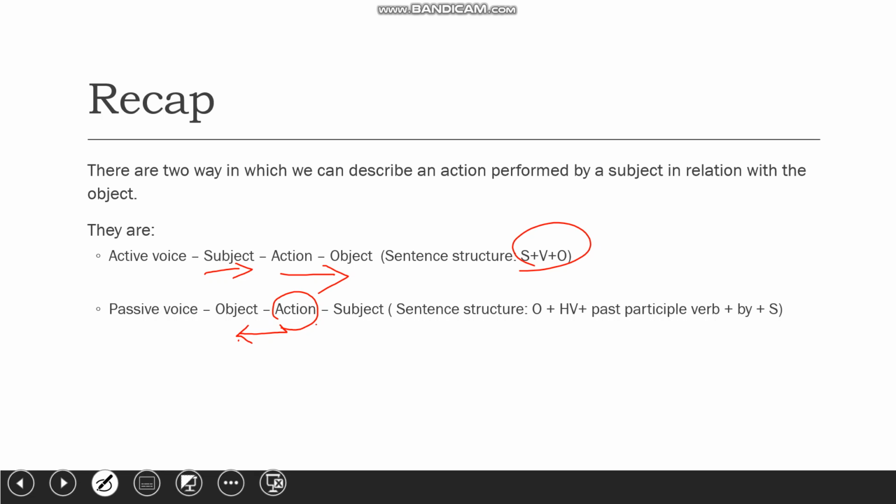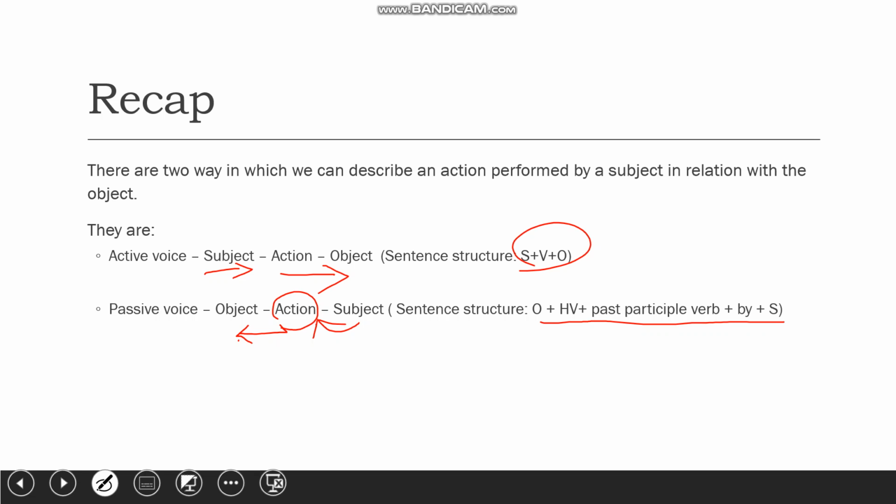That is, you have the sentence structure as object first, then a helping verb, then the past participle form of the verb, plus by and the subject. So here what we understand is that there is no prominence given to the subject.